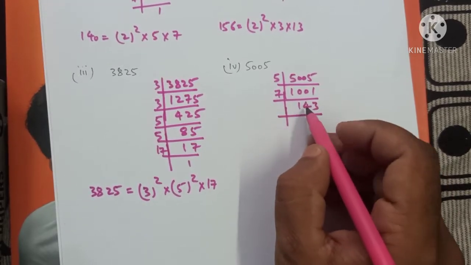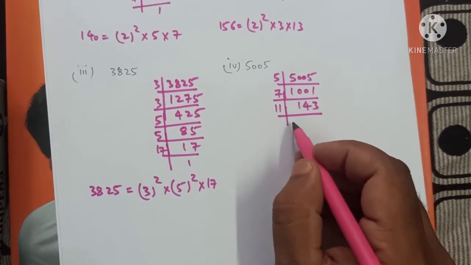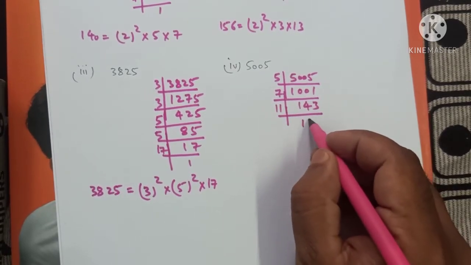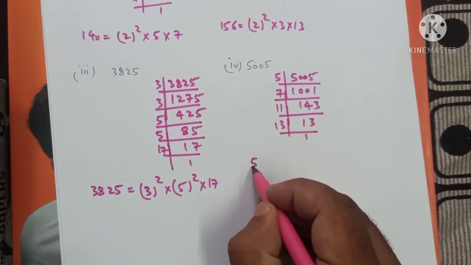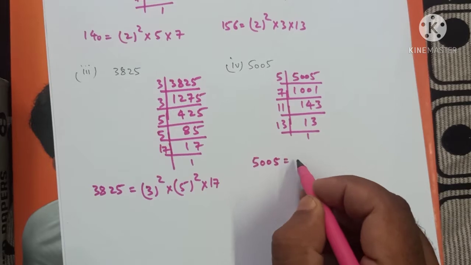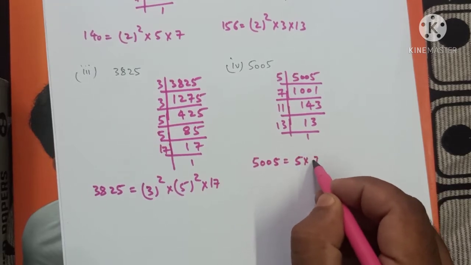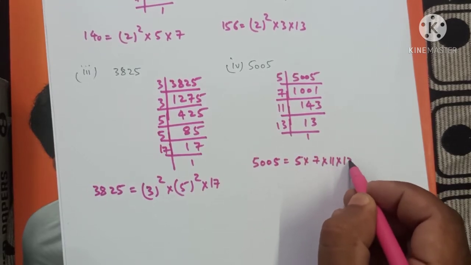Now after 7 the next prime number is 11: 11 1s are 11, 11 3s are 33, 13 1s are 13. So the prime factors of 5005 are 5 into 7 into 11 into 13.